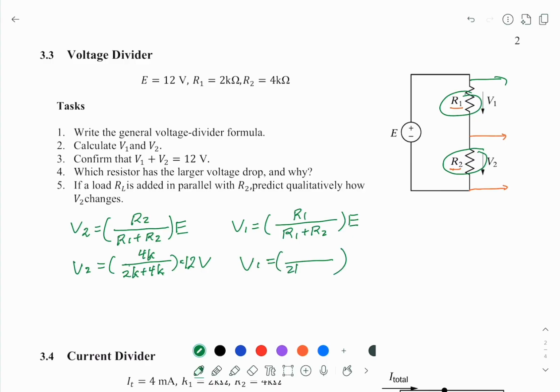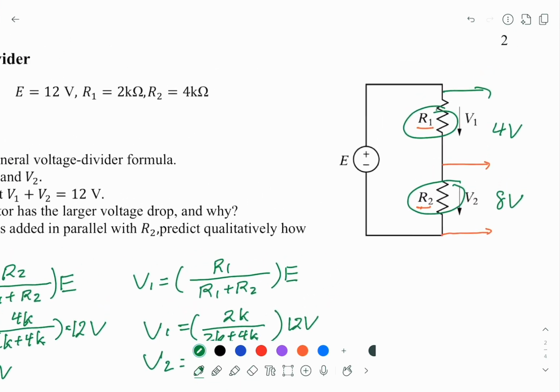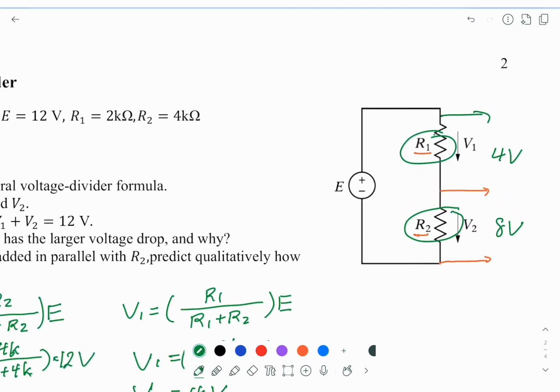V1, 2K plus 4K, and this is 2K, and this is 12 volt, and here you can say this is 8 volt, and this is 4 volt, and you can see this is 8 volt, 4 volt, and it divides the 12 volt into two parts.